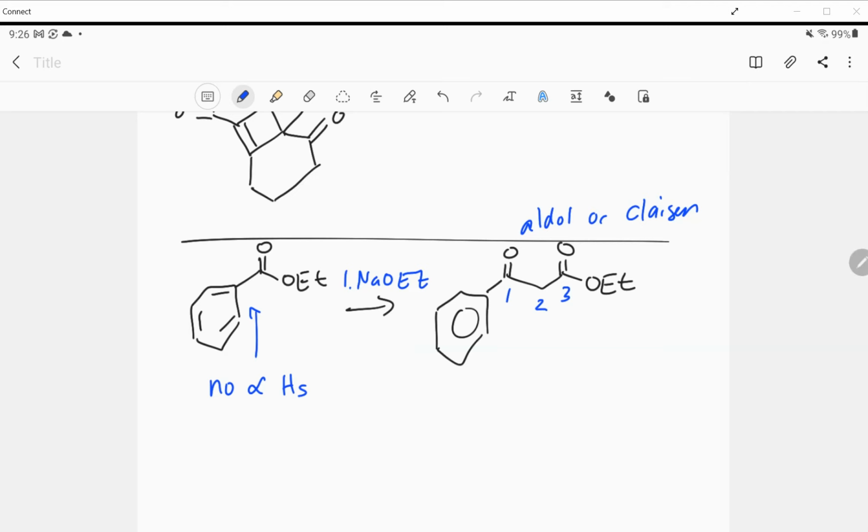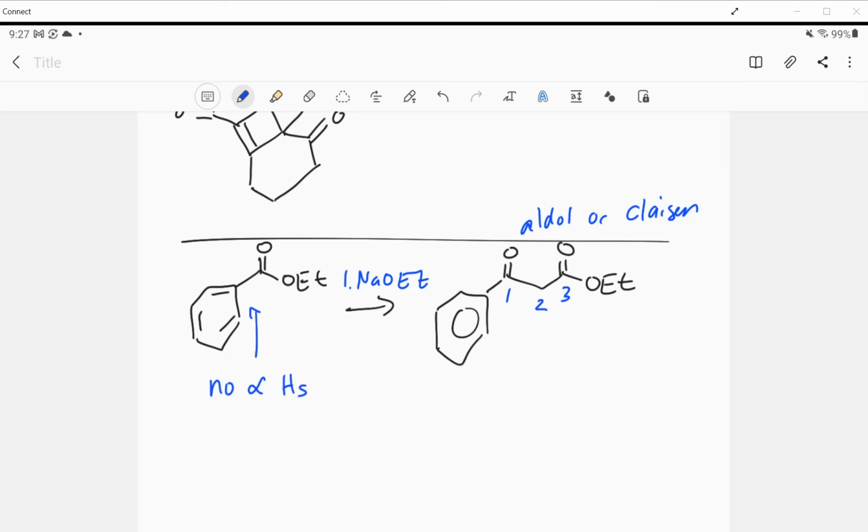So what's the difference in carbons between the starting material and the product? Or like structurally, what's different? There's 2 extra carbons. It's got 2 more carbons, right? So we need a way to add 2 carbons to this thing.